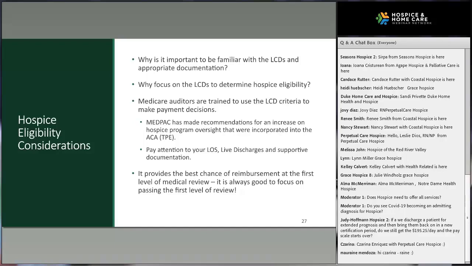The LCDs provide the best chance of reimbursement at the first level of medical review. It's always good to focus on passing the first level of review, because if you pass the first level of review, you get your money. Otherwise, you have to go back and forth with the process, and you're tying up people in the financial end, you're tying up clinical people.